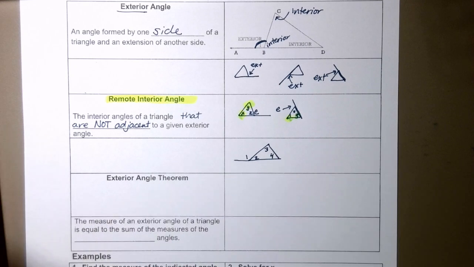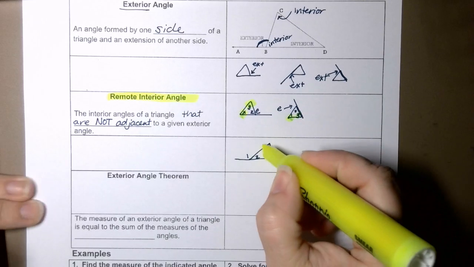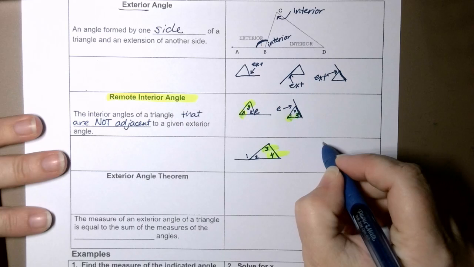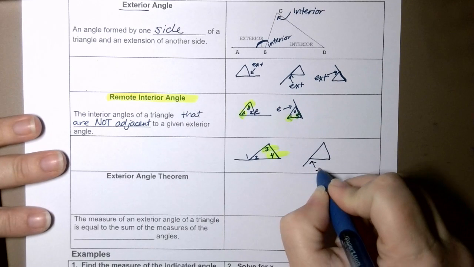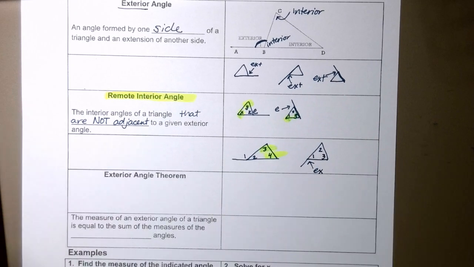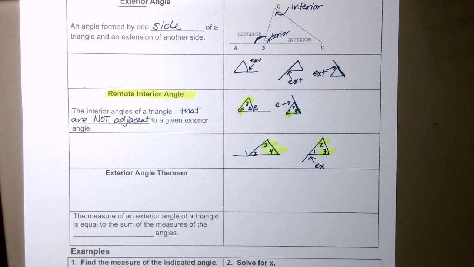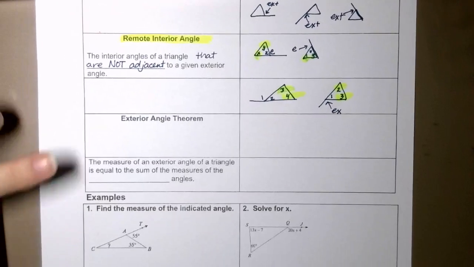Which one's my exterior angle? 1. And the remote interior? 3 and 4. And then one more. If it looked like that, that right there is my exterior angle. Which ones are my remote interior? 2 and 3. Again, they're the ones that do not make a linear pair with that external angle. Make sense? Yes? Okay.